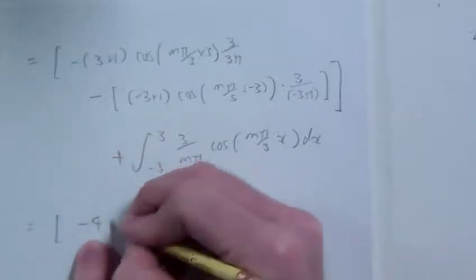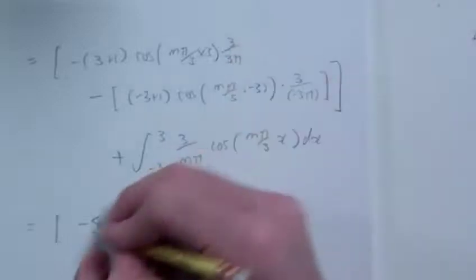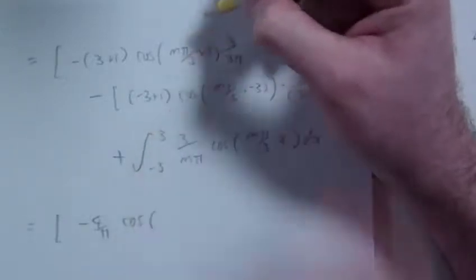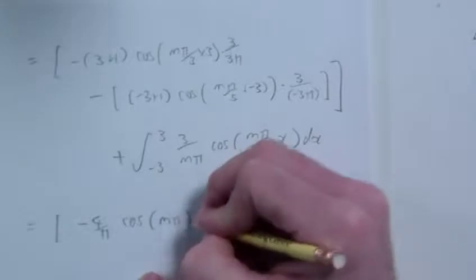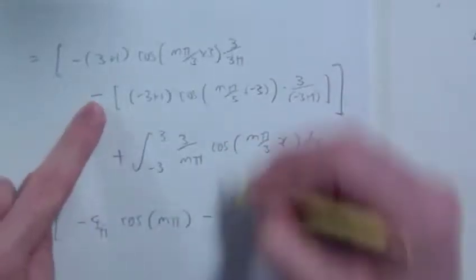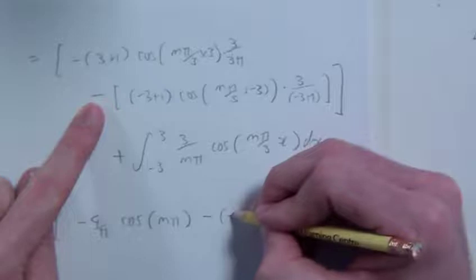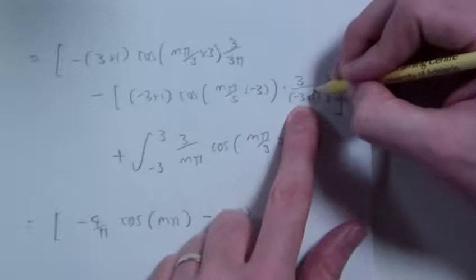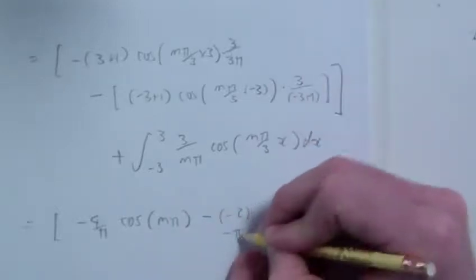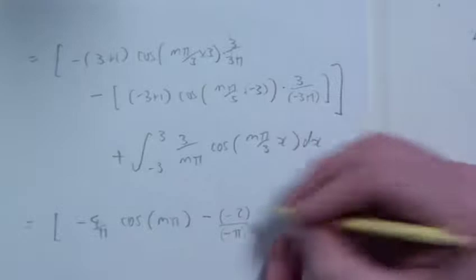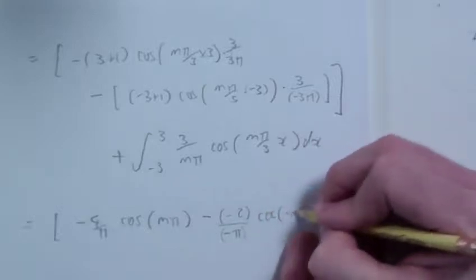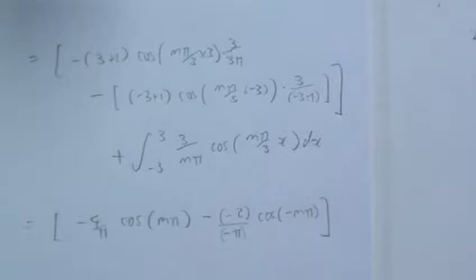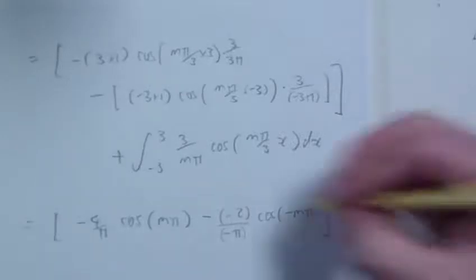Minus 4 times, they cancel, 4 on pi cos of m pi minus, this is minus 2, and 3 divided by minus 3, there'll be a minus pi on the bottom, and I'll get cos of minus m pi. Just making sure I do everything one step at a time or I'm going to lose my minus signs.